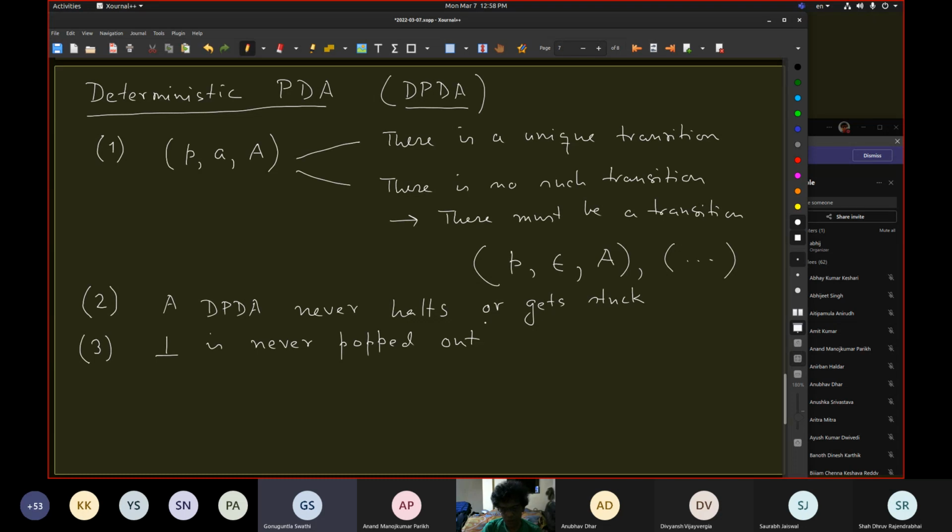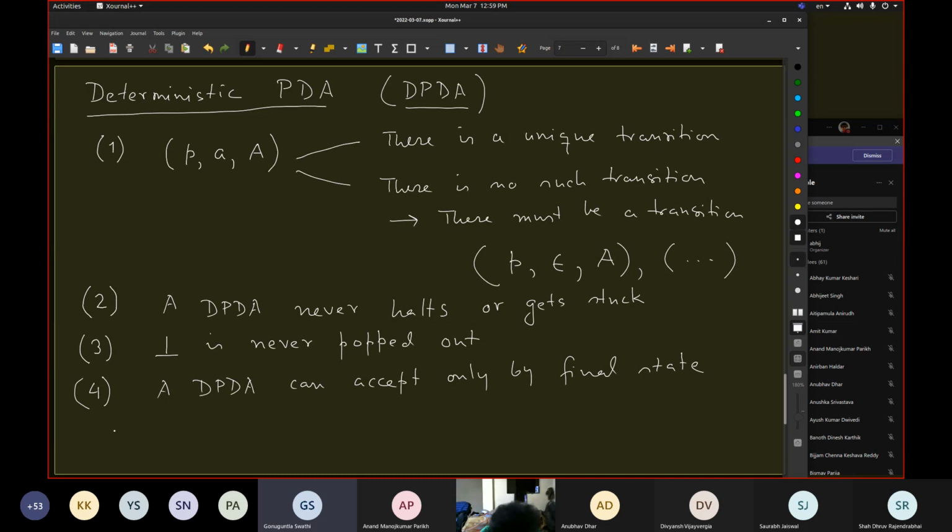If it is in some accepting configuration, it will stay there forever. This also implies that since this can never get out of this stack, a DPDA can accept only by final state, because it cannot get rid of, cannot empty its stack.